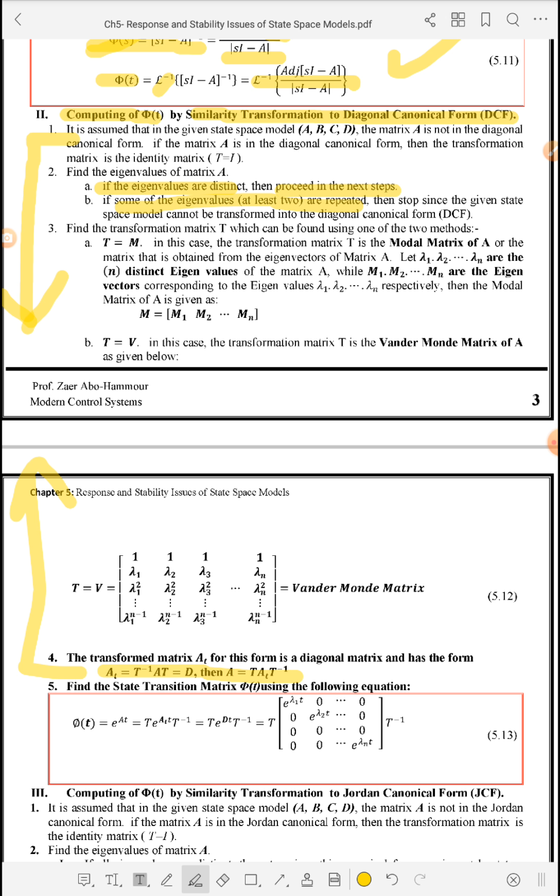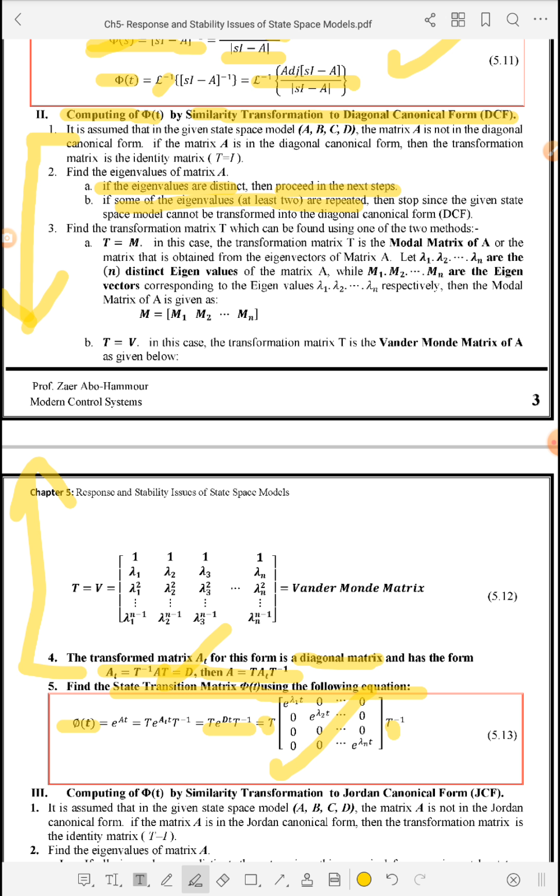In case of DCF, it will be a diagonal matrix as shown here. After getting this AT, we will find the state transition matrix using this equation, which is T multiplied by e to the power Dt multiplied by T inverse.